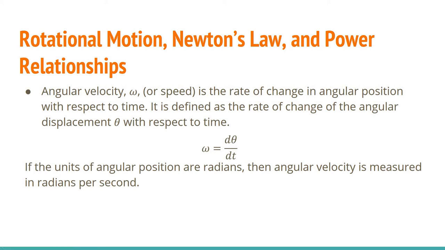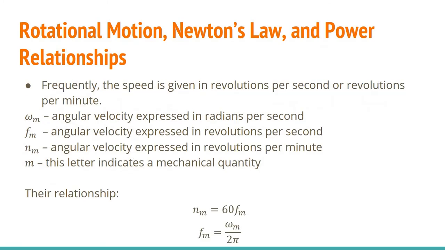But if its unit is degrees, of course the unit of angular velocity would be degrees per second. Frequently, the speed is given in revolutions per second or revolutions per minute.